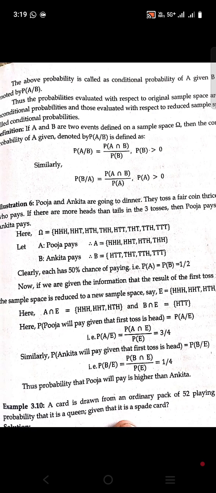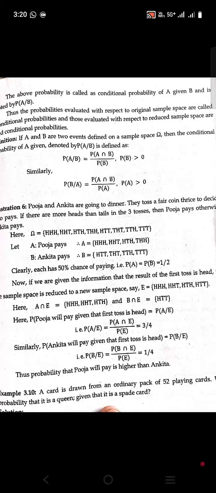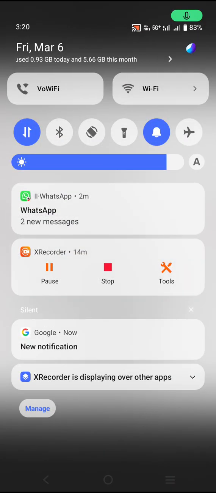Similarly, Ankita will pay given the first toss is head, that is probability of B given E equal to probability of B intersection E divided by probability of E equal to 1 by 4. Thus the probability that Pooja will pay is higher than Ankita. That is, we find the conditional probability of the above example.